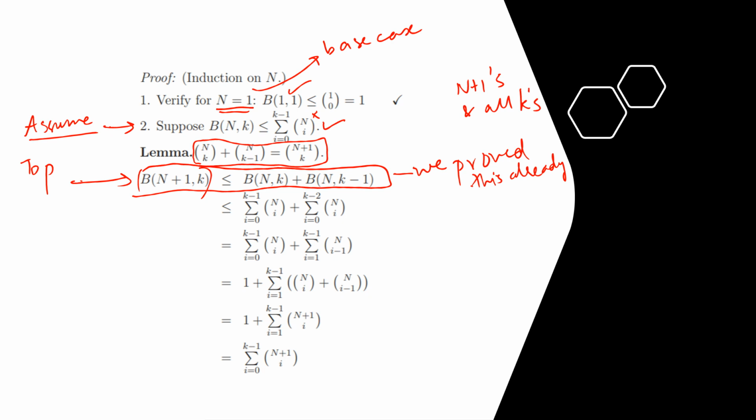Now, given that we have established that B(n, k) is actually the summation of n choose i, we are assuming that this is true here in the second step. So I'm going to replace it by that, and I'm going to replace this term by this here, right? So that's what we begin with. Basically, we're applying the induction hypothesis to each term on the right-hand side. That's a better way of stating it.